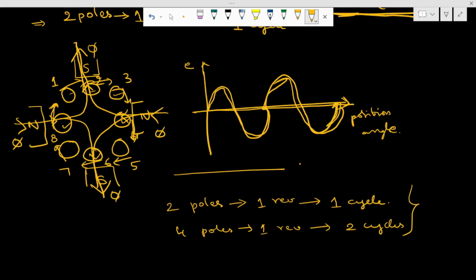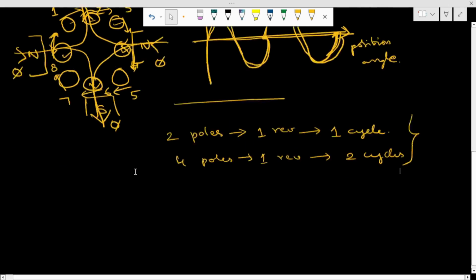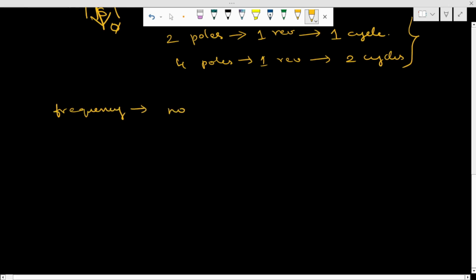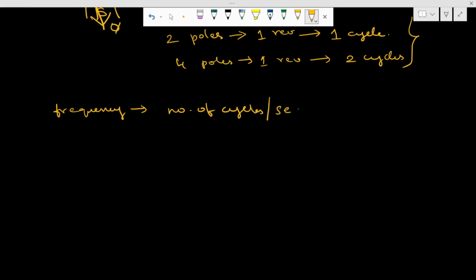From these we have to calculate the frequency. Okay, we all know that the frequency definition is number of cycles per second.